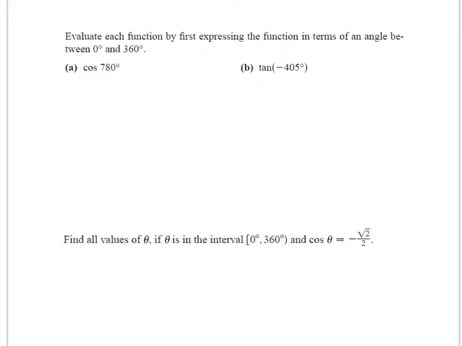So the first thing I'm going to do is say 780 minus 2 times 360 equals 60 degrees. So cosine of 780 is the same thing as saying cosine of 60 degrees. And so we're going to find where it is.